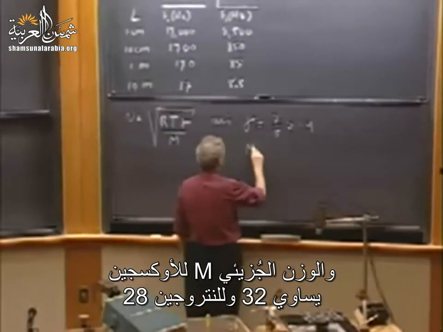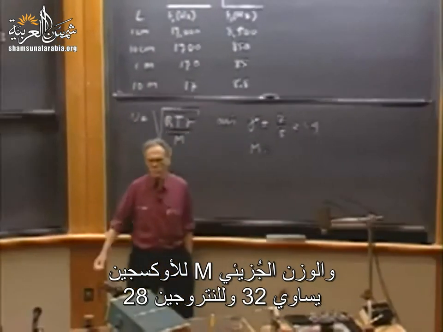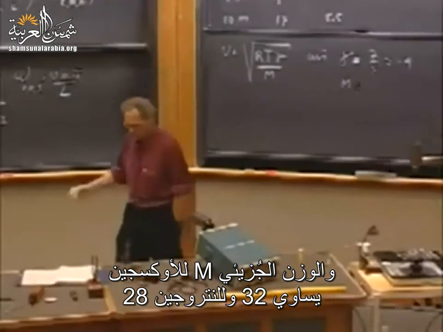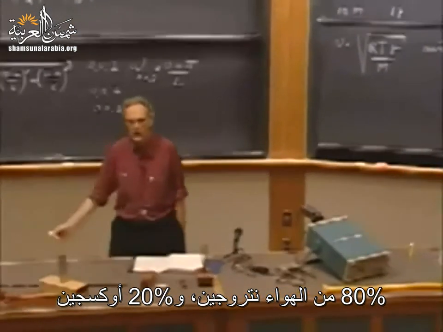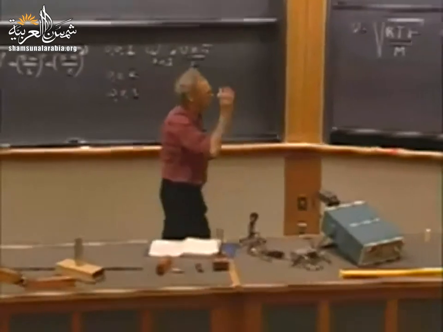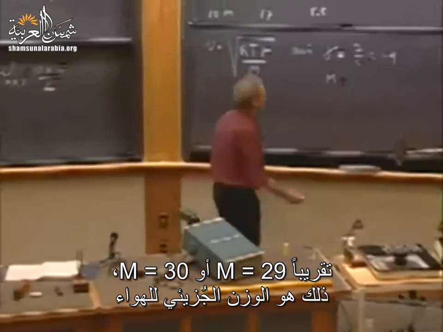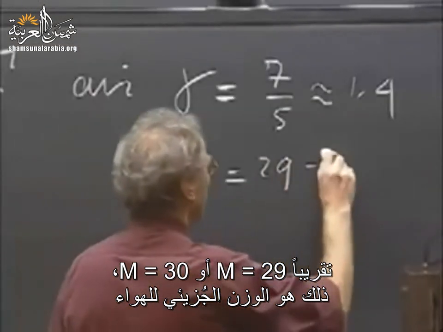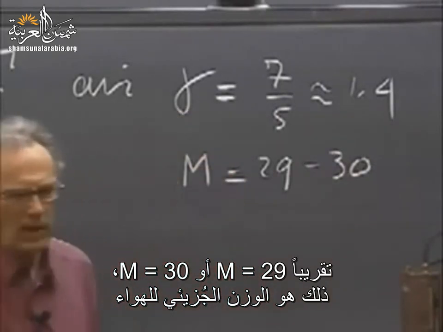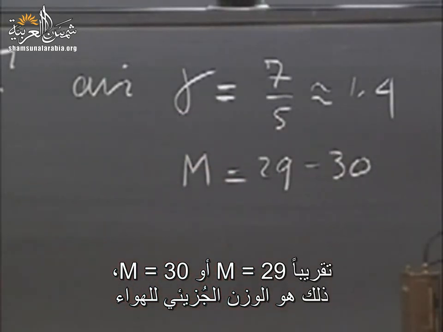And the molecular weight, well, oxygen O2 is 32, nitrogen N2 is 28. You have 80% nitrogen and 20% oxygen, so anything you take, 29 or 30, is fine with me. So that is then the molecular weight for air.